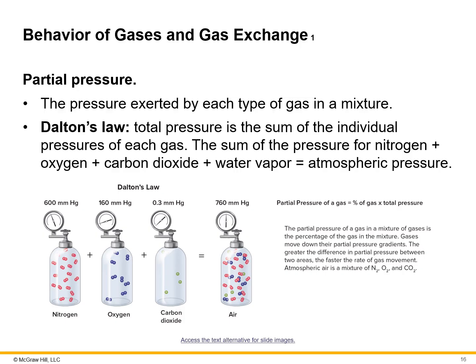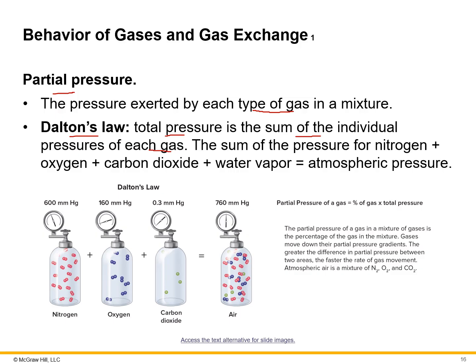All right, now if we look at partial pressure, this is the pressure exerted by each type of gas in a mixture. So now we have another law. We had Boyle's law that was talking about pressure and volume. Now we have Dalton's law, and this says that the total pressure is the sum of all the individual pressures of each gas.